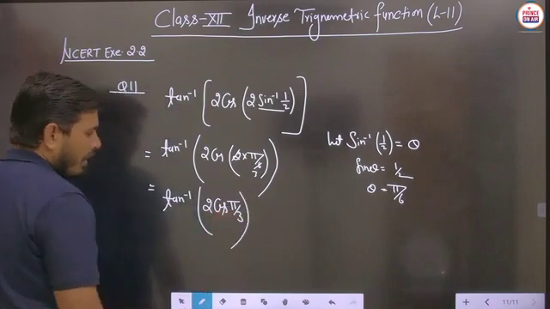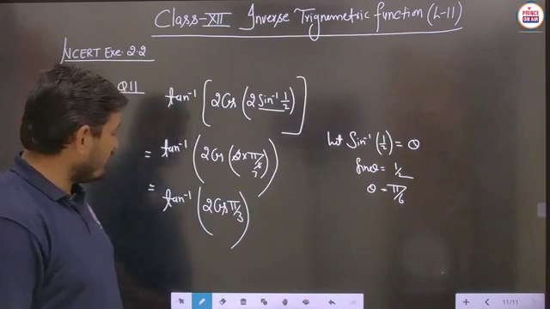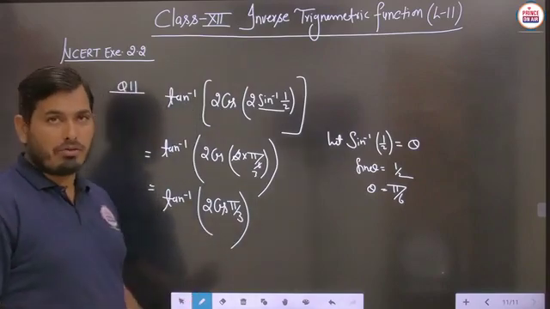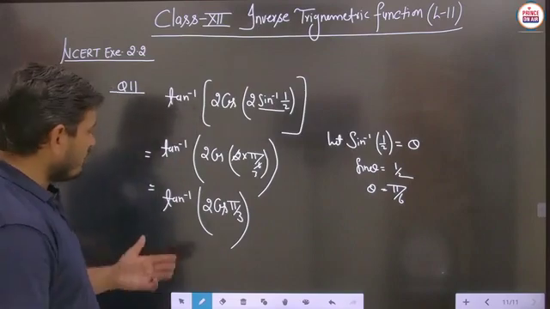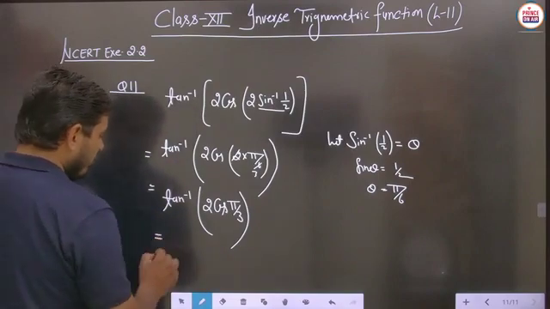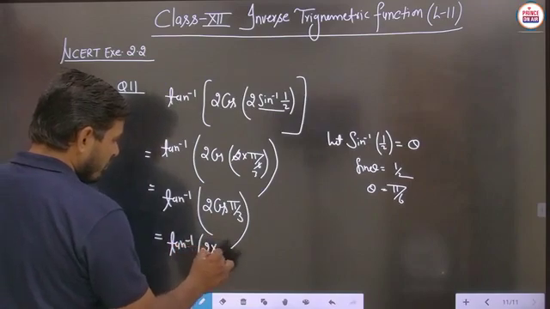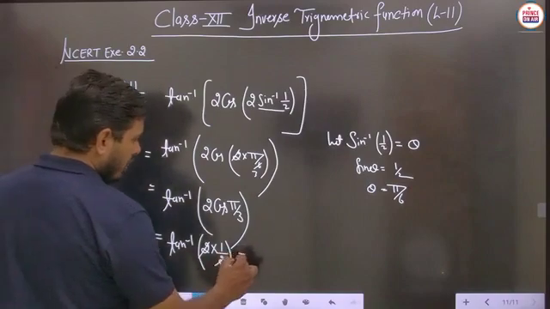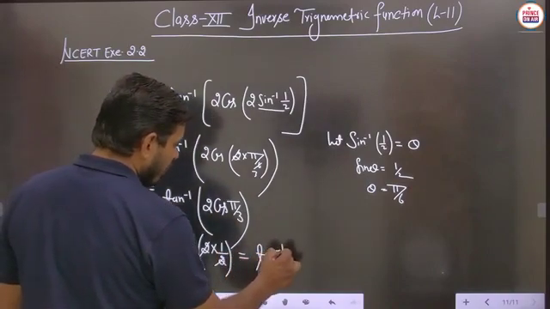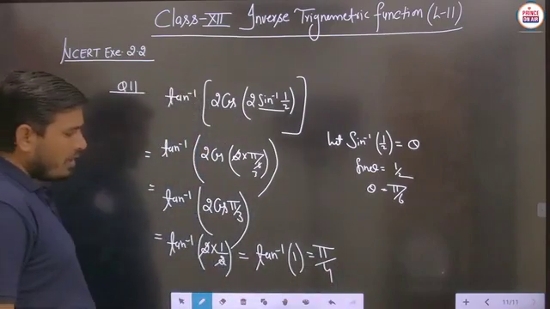Pi by 3 is a 60-degree angle, and you know very well that the value of cos pi by 3 is 1 by 2. So we write 2 times 1 by 2, the 2 cancels out, and finally we obtain tan inverse of 1, and you know very well that the value of tan inverse 1 is pi by 4.